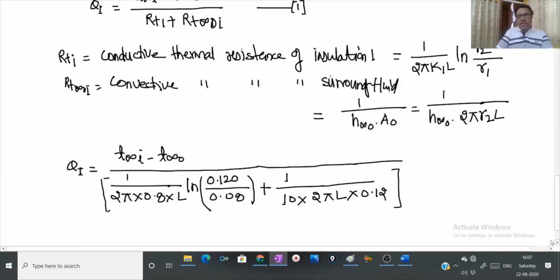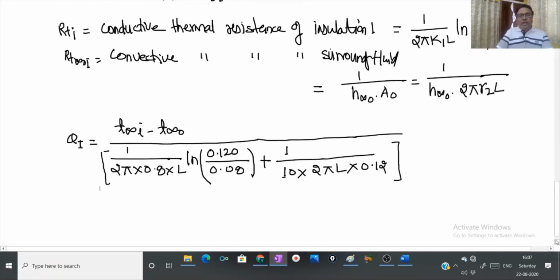Since 2 pi L is common and not known to me, let us take it out.